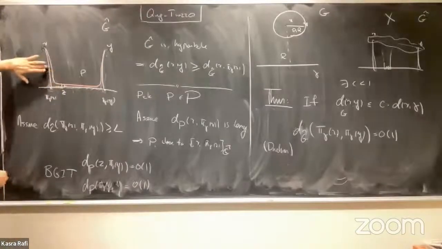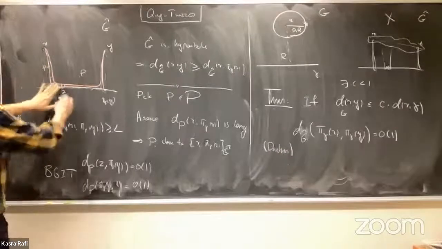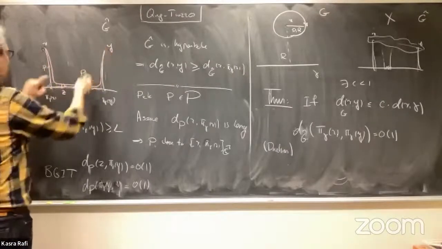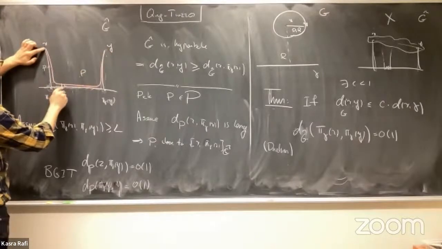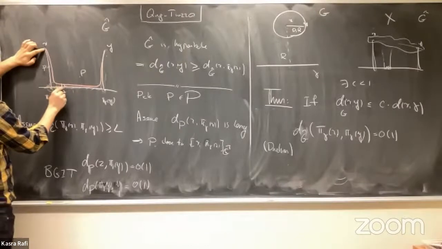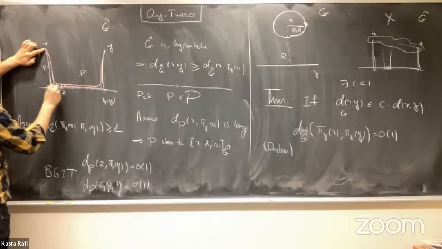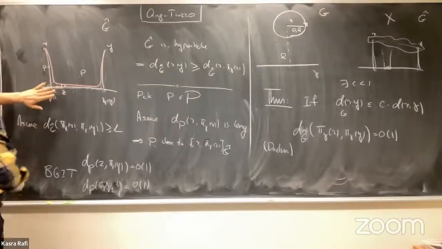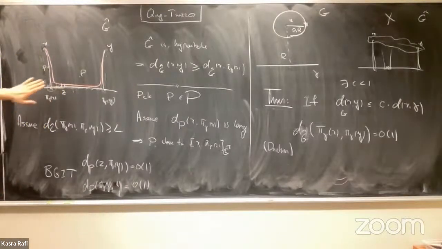If your P is up here, it's not a problem, and in general this part and this part are not a problem. So I have to discuss this distance compared with this distance and see how this can be much, much bigger than that. So I have to analyze only finitely many guys here, and there are a bunch of kappa bounds that I get here.